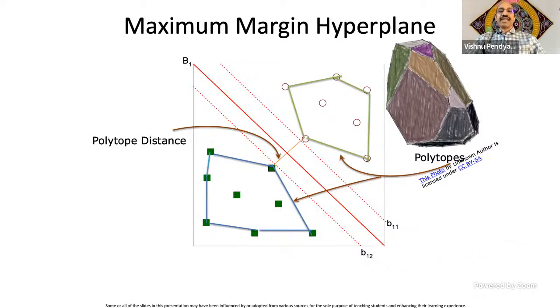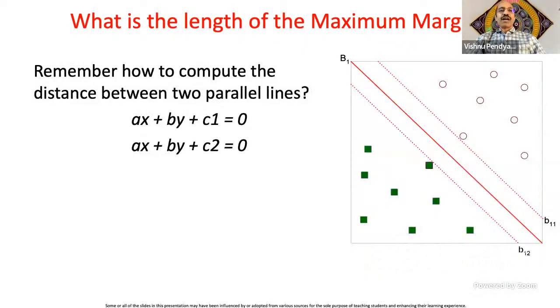But the next question is, what is the length of the maximum margin? We can try to find convex hulls and find the support vectors through the convex hulls and determine the margin.